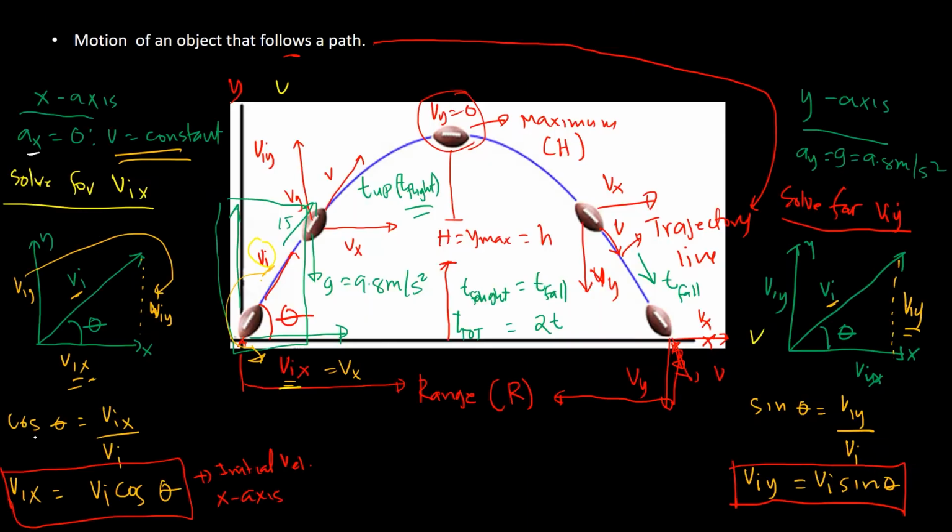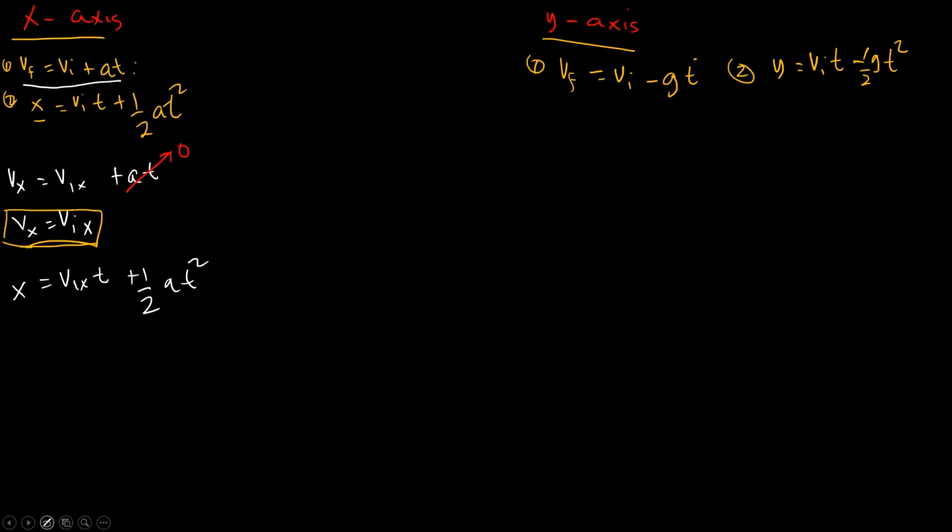Since acceleration is equal to 0 along the x-axis, we can cancel out this term and assume that it is all equal to 0. So x is equal to v sub ix times t.